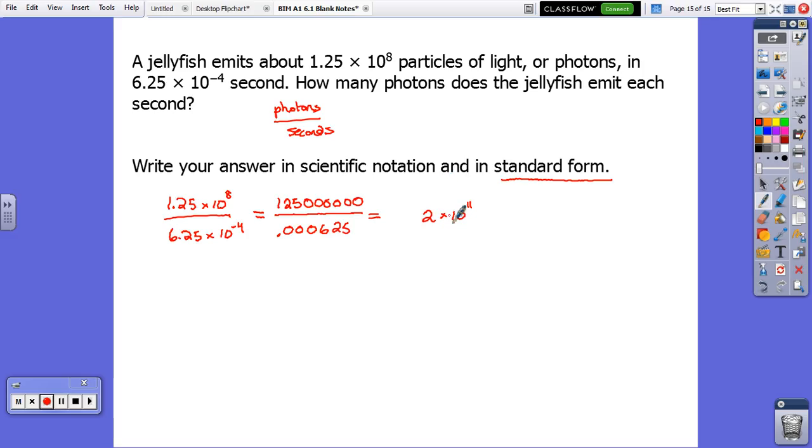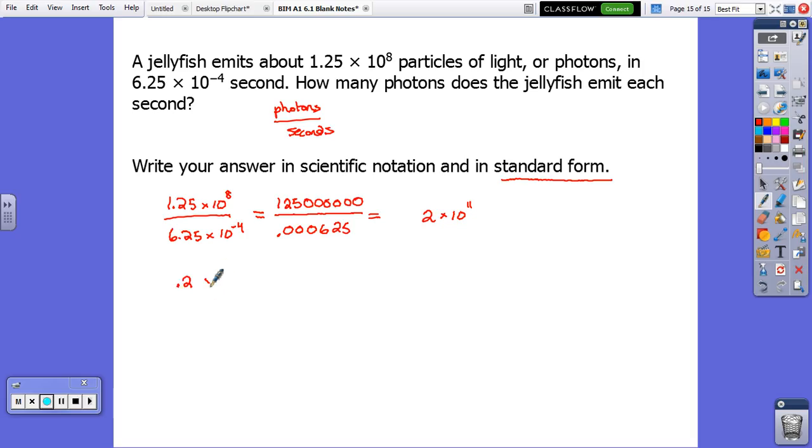Let's go ahead and look at another way to do this and see how we can get to scientific notation, and then we'll write it in standard form. So another way we could think about this is we could do 1.25 divided by 6.25. I get 0.2.